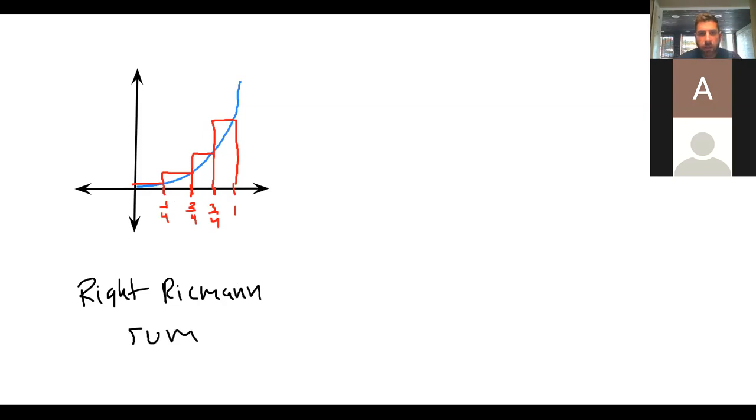Now, if I draw a similar picture, only I use different rectangles, so if I try to mimic this picture the best I can, it's a little ugly, but you get the point. So now let's take pink and break it up into 4 equal pieces again, but this time I'm going to use the left-hand side.